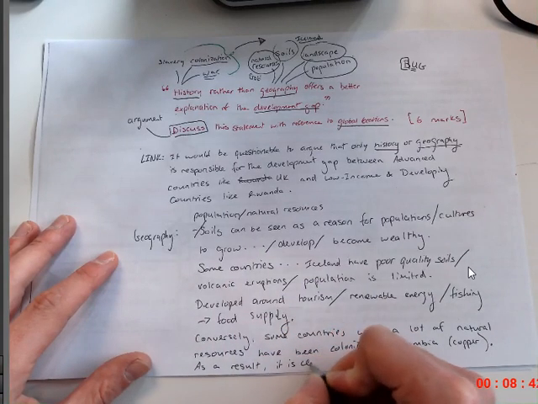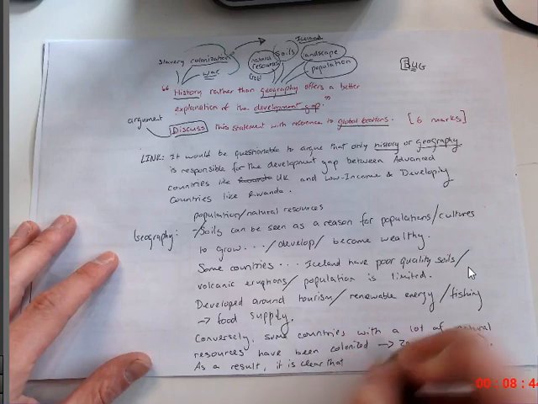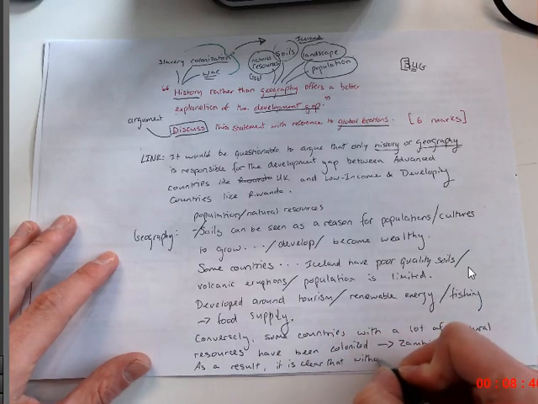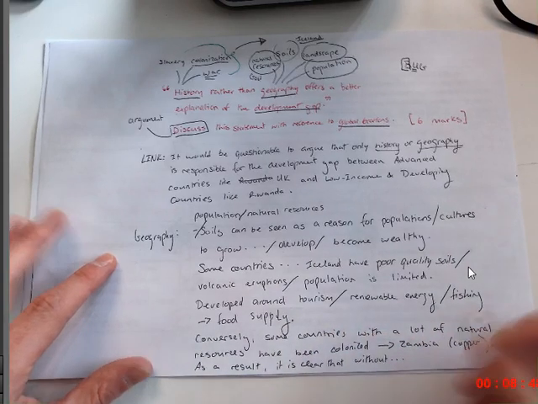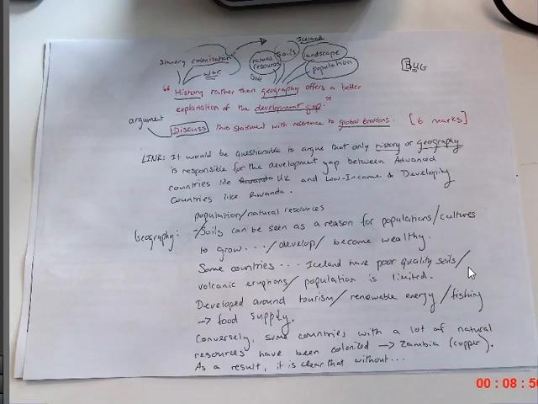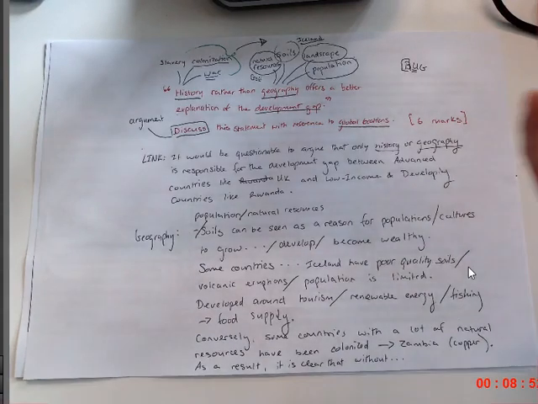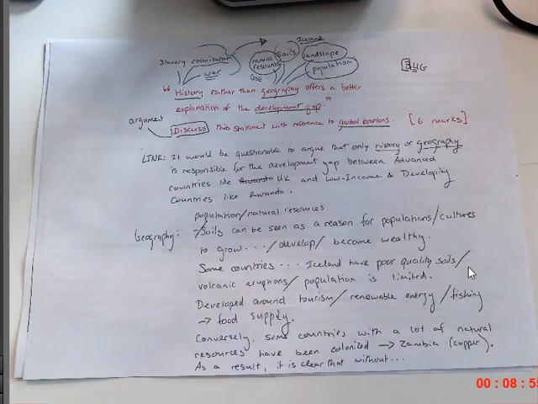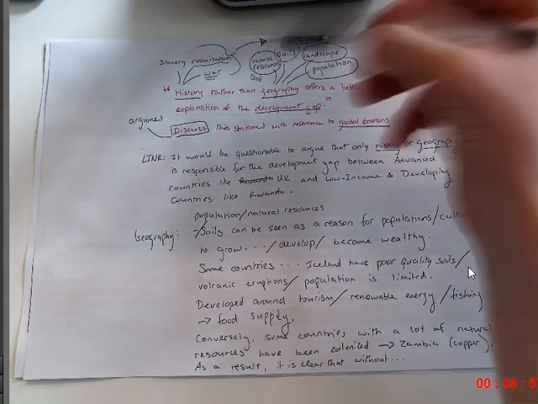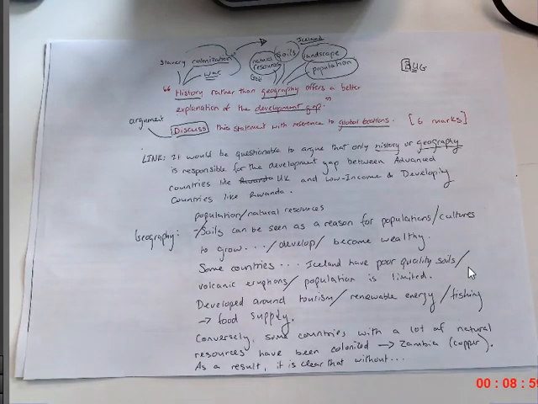it is clear that without, let's say, colonization, without slavery, without war for natural resources, some countries might have actually developed more. So if they hadn't had those natural resources, maybe they could have developed.